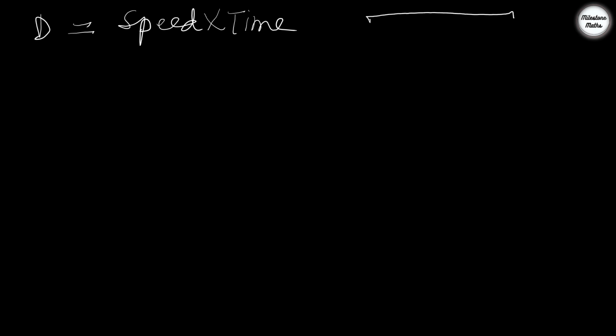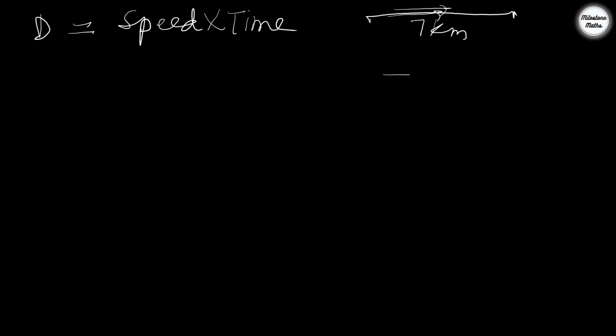Now what is the distance covered? See, what is the formula for the distance? Distance is always equal to speed into time. Now what they are saying: the distance covered from one point to another point, when it is downstream, they are covering in 7 hours because they are both going in the same direction.